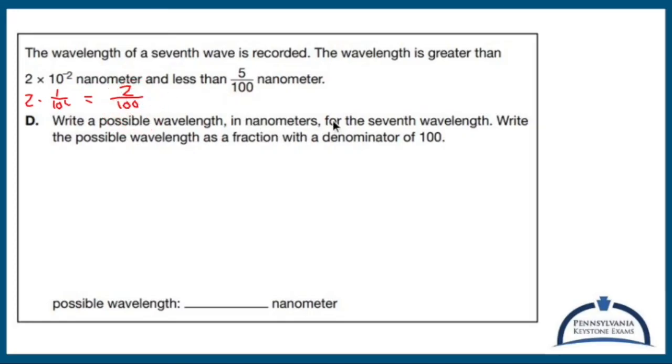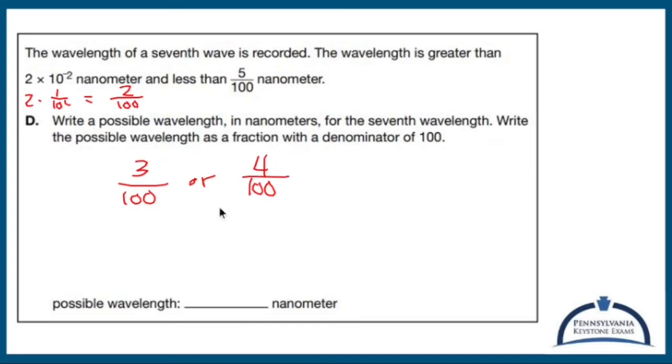So I need something in between that number and that number with a denominator of 100. So that gives me 2 options. That gives me either 3 over 100, or an option of 4 over 100.